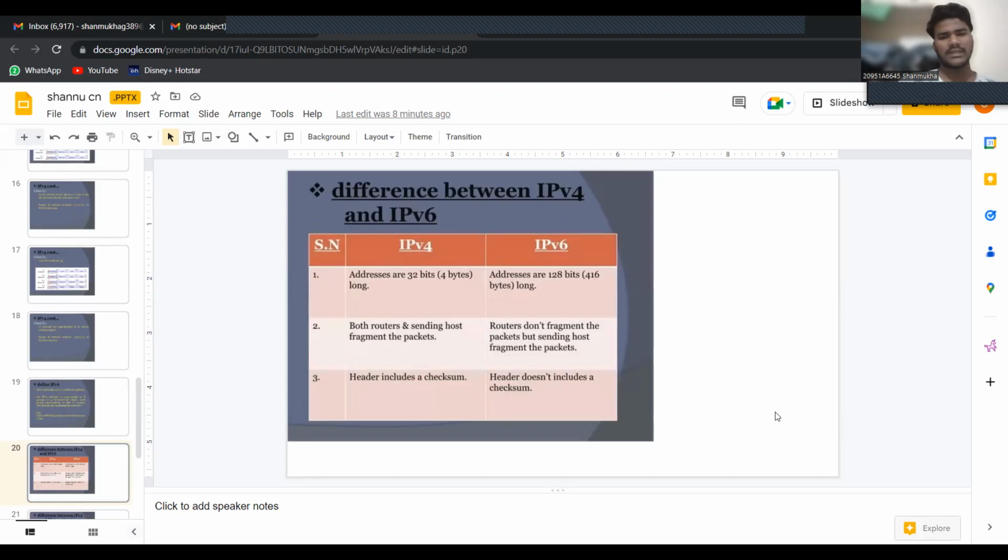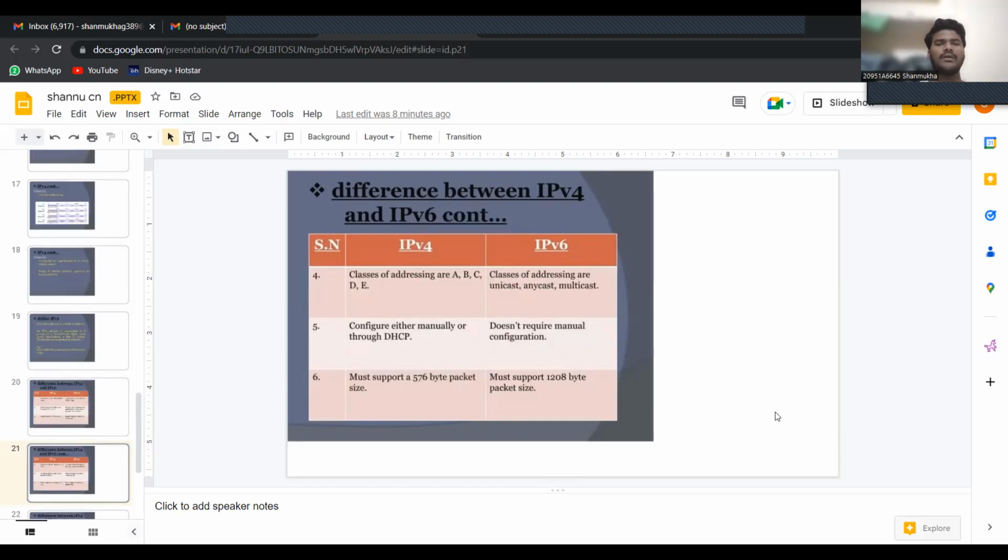In IPv4, both routers and the sending host fragment the packets, while in IPv6, routers don't fragment the packets, but the sending host does. In IPv4, the header includes a checksum; in IPv6, the header doesn't include a checksum. In IPv4, the classes of addressing are A, B, C, D, E, and in IPv6 the classes of addressing are unicast, anycast, and multicast.